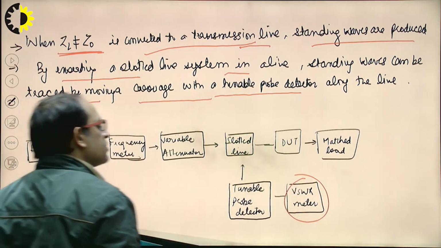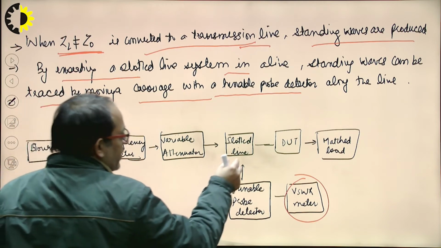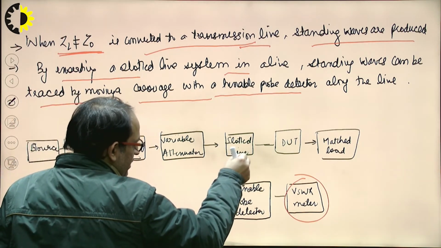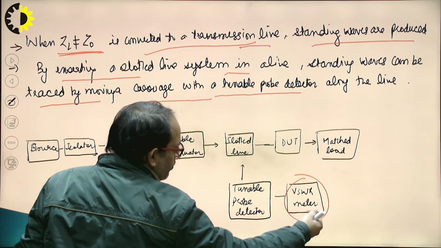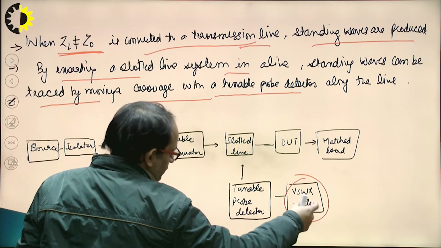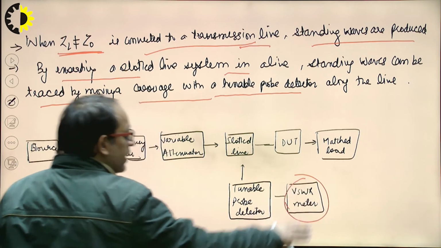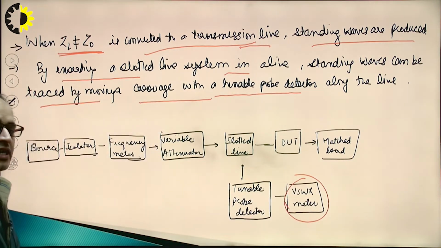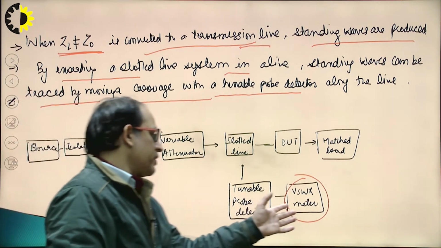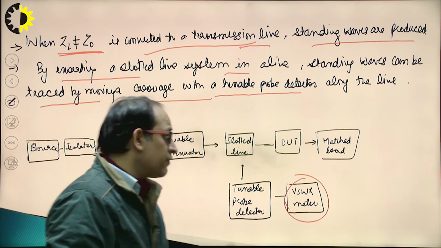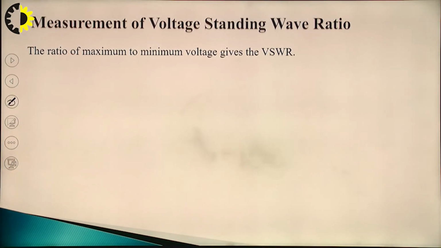And the next step is what? Now I will vary the position of the slotted line section so that the minimum deflection will be obtained on the VSWR meter, and at that time the exact value on the scale of the VSWR meter defines the VSWR.